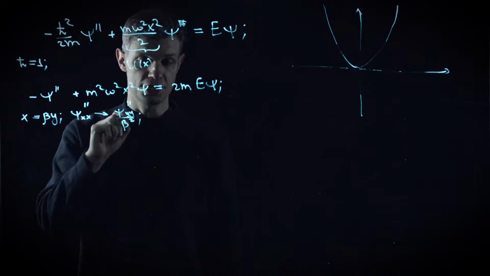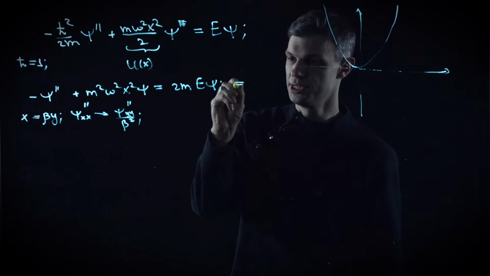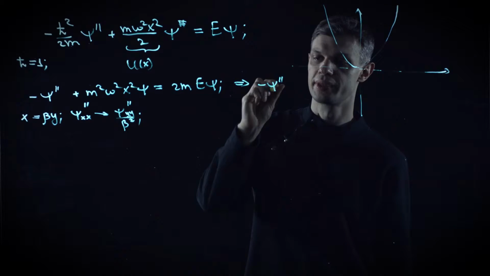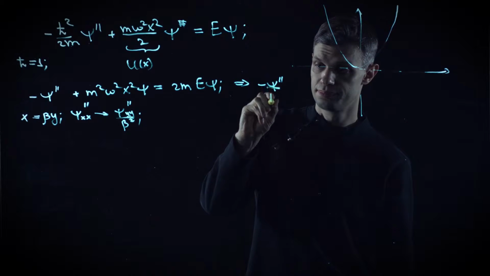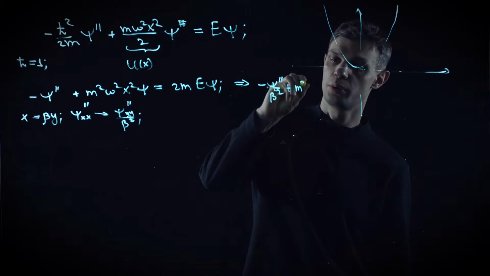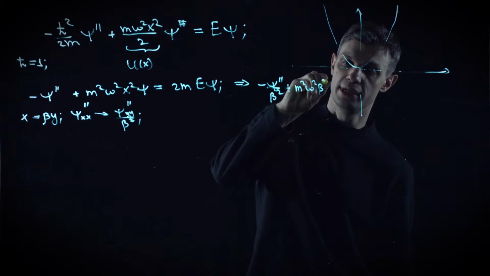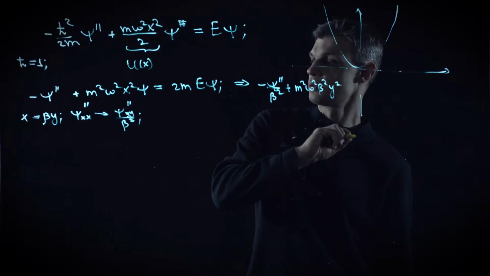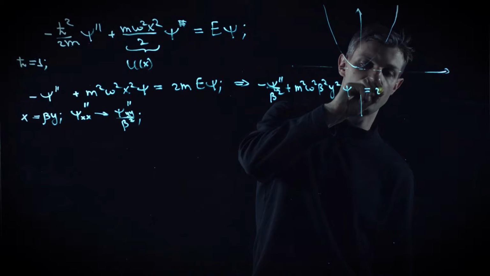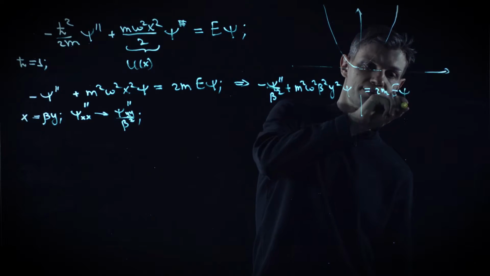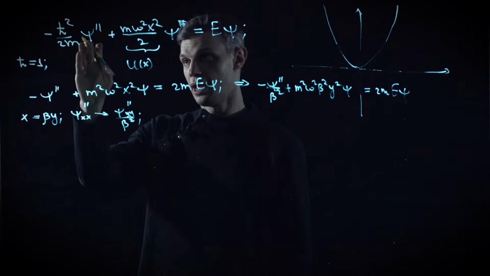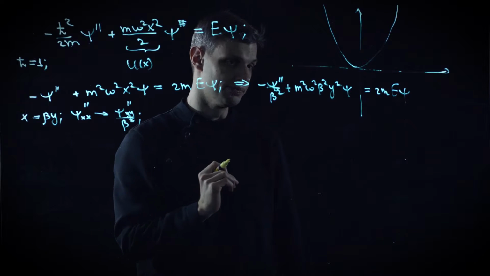Now our equation becomes, okay, let's write it down here: minus psi double prime divided by beta squared plus m squared omega squared beta squared y squared psi equals 2m E psi. So E is our energy, obviously. Sorry, I forgot to mention it. And m is the mass of our particle.